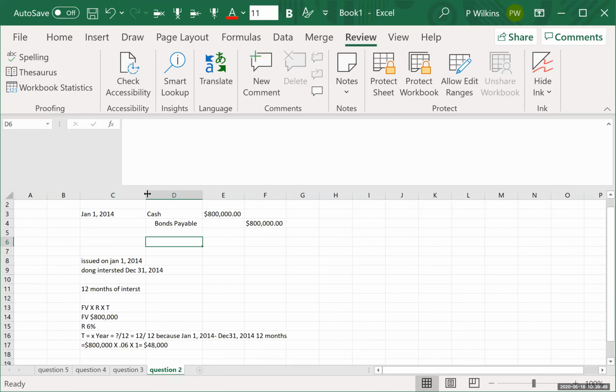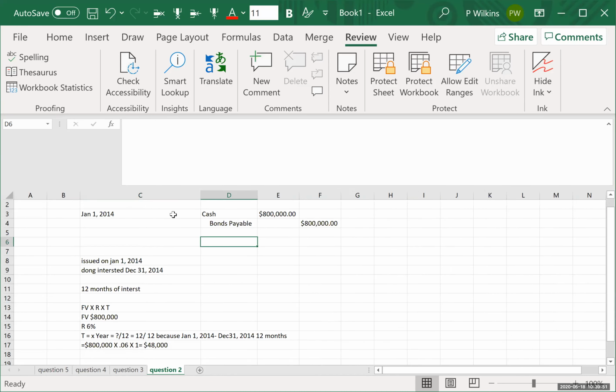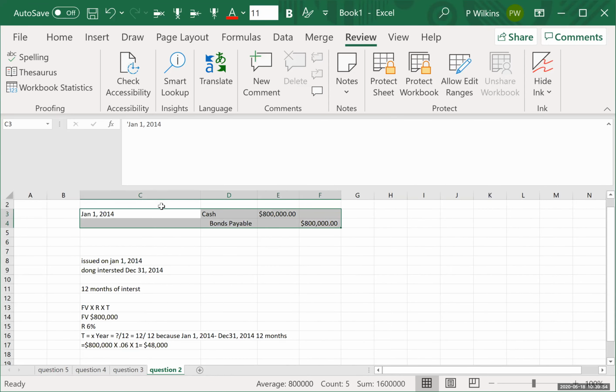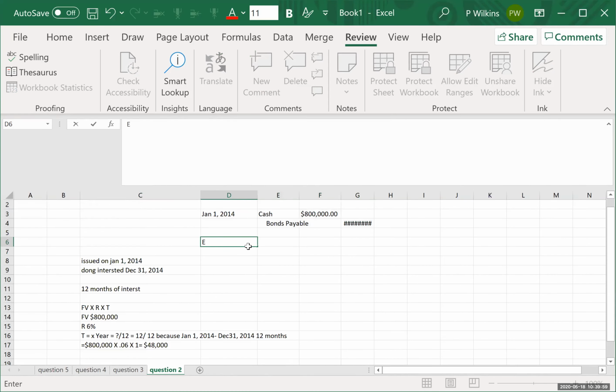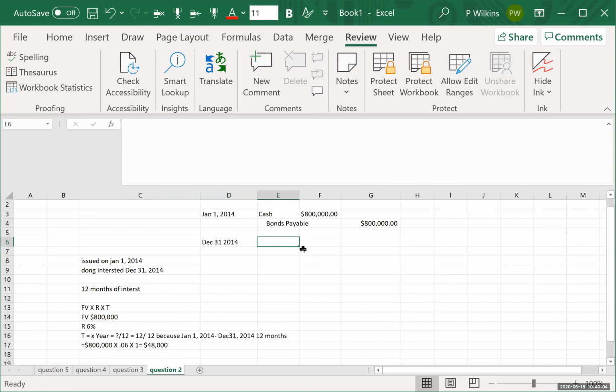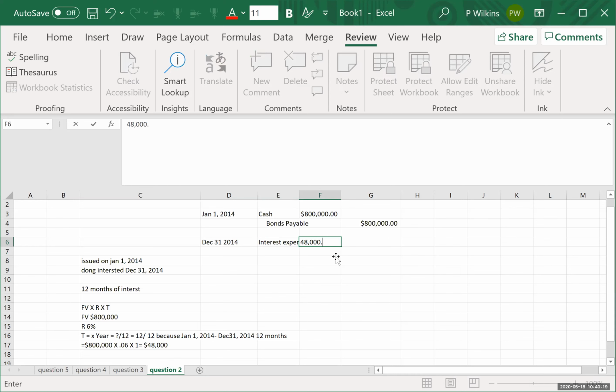Okay, so over here, I'm going to move all this over because I have all these notes. There we go. Okay, so on December 31, 2014, we are going to debit interest expense $48,000, and we're going to credit interest payable.